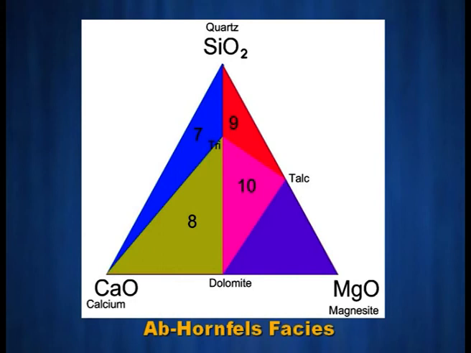Another important assemblage is calcite, dolomite, tremolite, and another, slightly magnesium rich, is tremolite, talc plus or minus quartz. So, these are the important calcareous assemblages, mainly observed in albite epidote Hornfels facies.